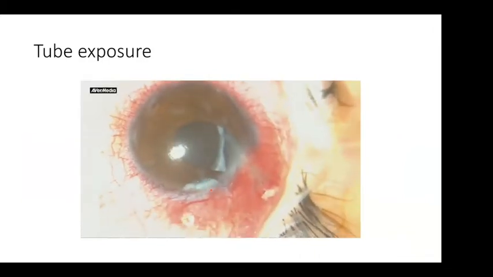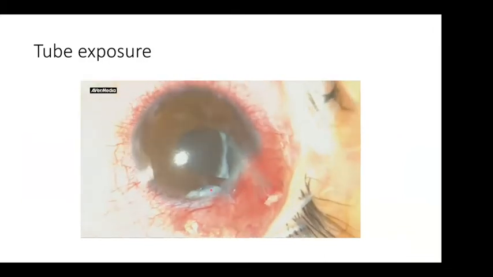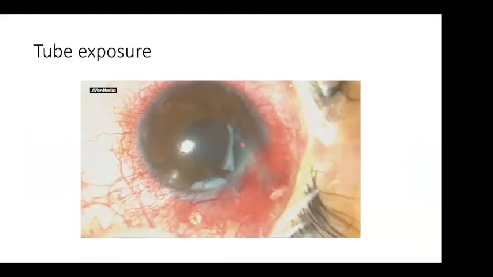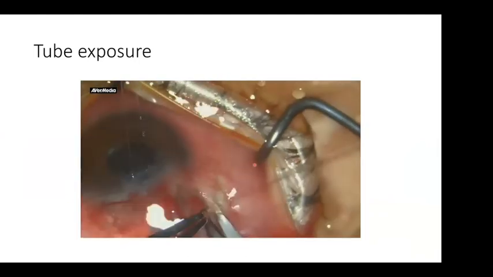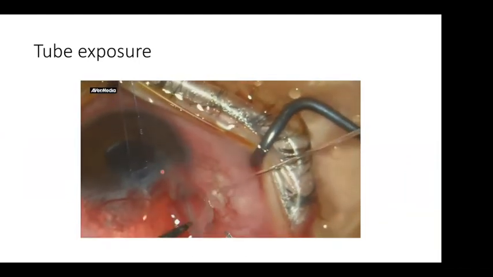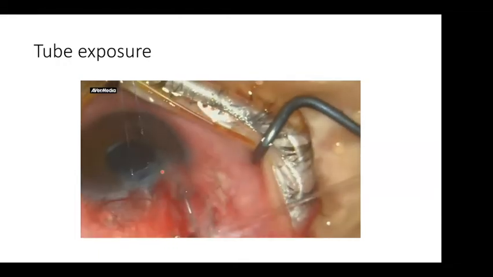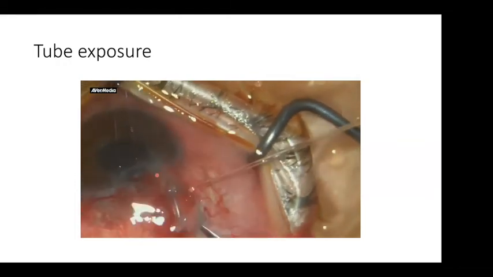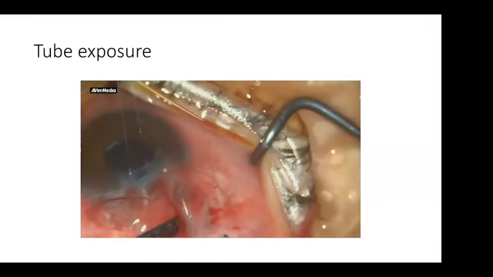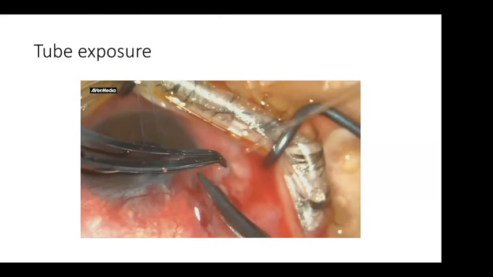And this is another patient, and you can see the tube is covered by some debris, with a large part of the tube inside the anterior chamber, and the patient is getting frequent intraocular inflammation in response to what's happening on the ocular surface. So the patient is very irritated from the continuous inflammation.